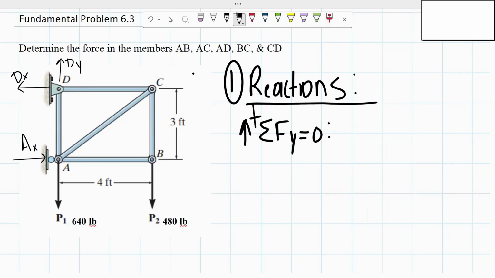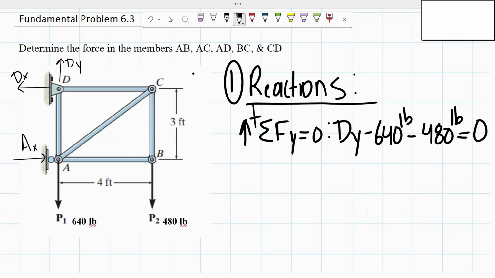We assume that D sub y is going upwards, so positive D sub y, then minus 640 pounds minus 480 pounds. We know that all of that has to equal 0.